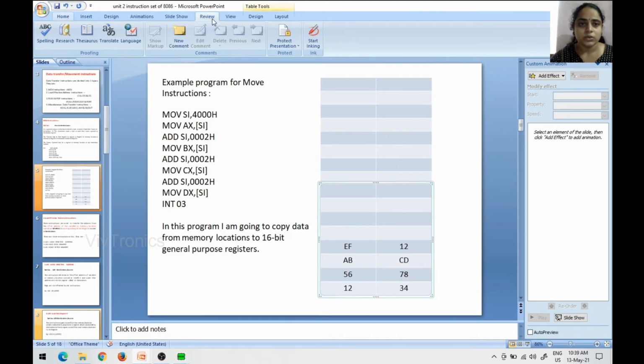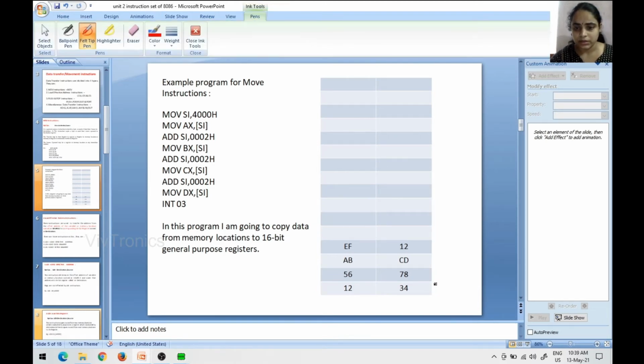Okay, so let me be a bit clearer here. This is the 4000 memory location. This is 4001, 4002, 4003, 4004, 4005, 4006 and 4007. I have already explained this.